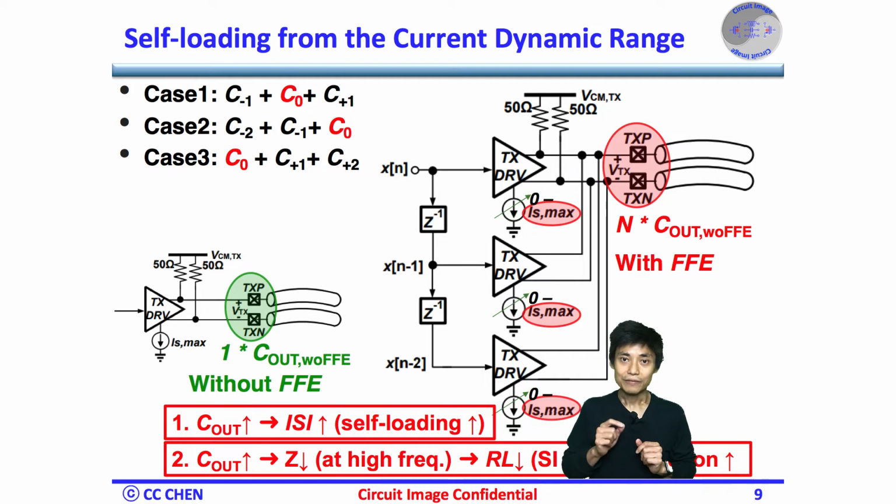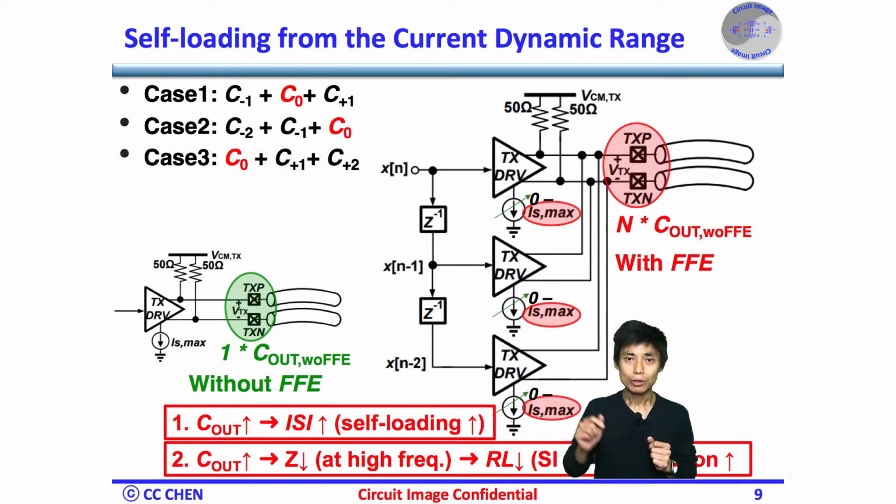The TX FFE would have a big area and huge loading overhead. The overhead would even make the output capacitance too much, and the TX must equalize itself, not the channel. Therefore, the reduced bandwidth at the output could make the analog-based TX with the FFE lose the ability to equalize the channel anymore.